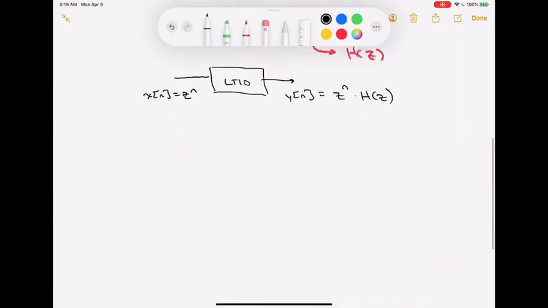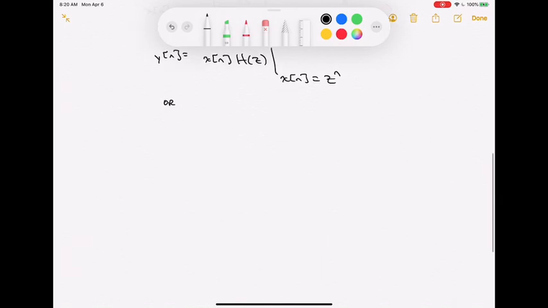So what do we get? We could write this in a slightly different way: y[n] is equal to x[n] times H(z) when the input x[n] is that everlasting exponential. Or we could come up with a different interpretation of our transfer function.